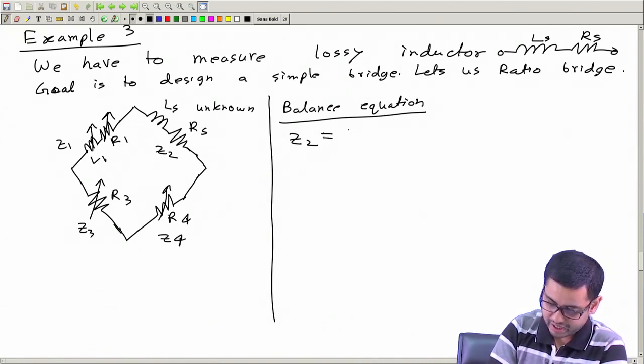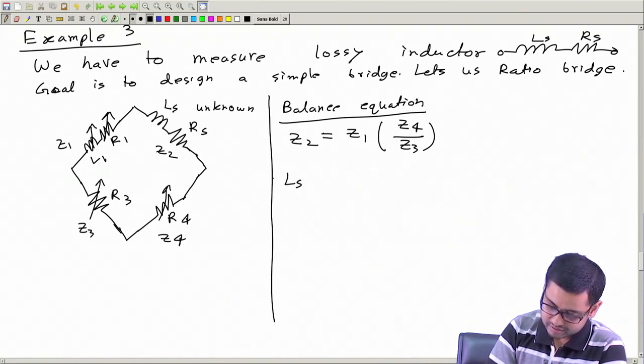Z2 is the same as Z1 multiplied by Z4 by Z3. So now here we can write j omega Ls plus Rs.